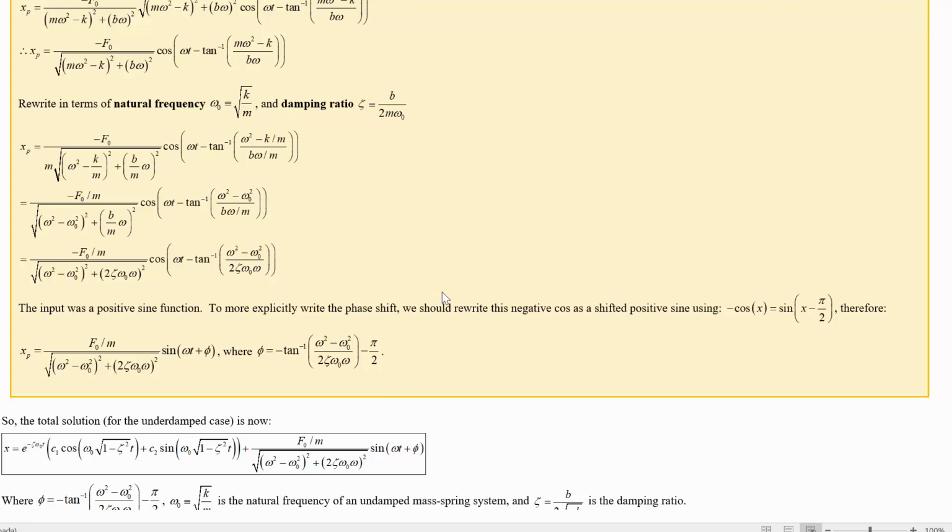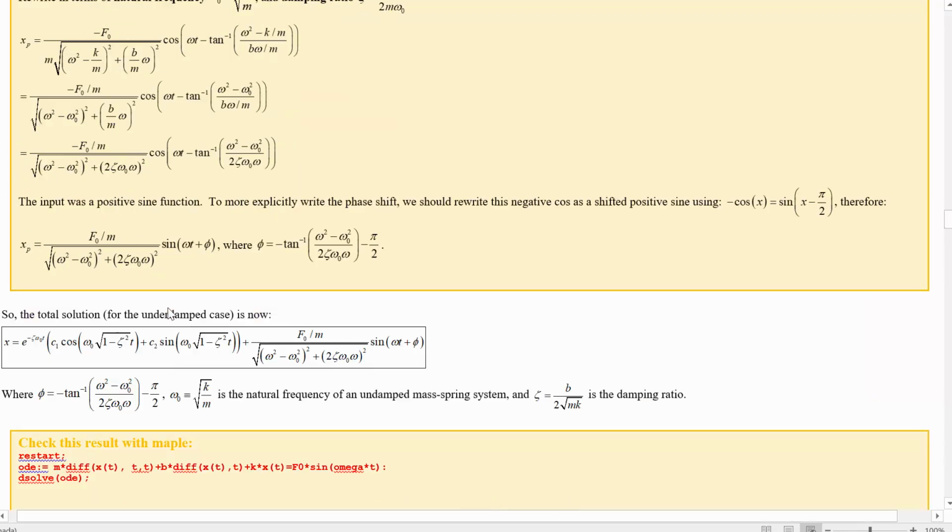So in conclusion, the response of this mass spring damper system to a driving force has a new term in the solution, xp, that we would add to our previous general solution for the homogeneous differential equation, the one without the forcing term, to get the overall general solution to this one with the forcing term.